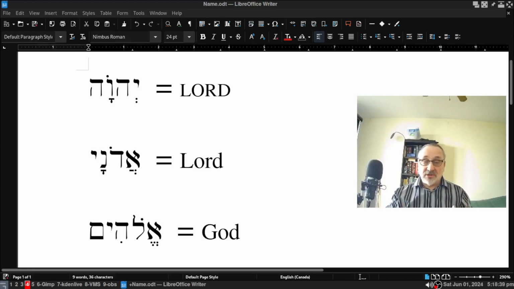The Hebrew language is all consonants. If you buy a Hebrew Bible today, or read one online, you're going to see these dots, these marks, and there's a technical word for them, and I don't remember what it is. These are the vowels, but they were inserted because there's no vowels in Hebrew. So in the actual manuscripts, these are not there.